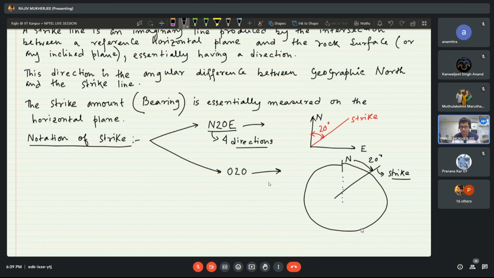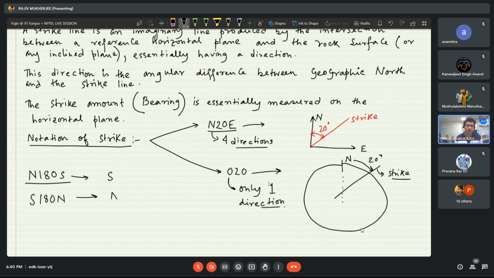But in this kind of notation, we have only one direction. So say for example, if I say north 180 south, that would essentially mean south. Or south 180 north, that would essentially mean north, right?